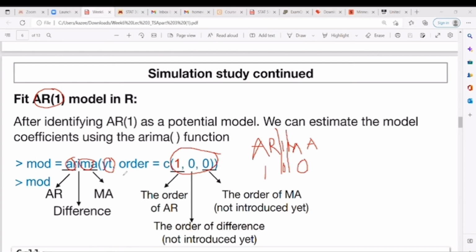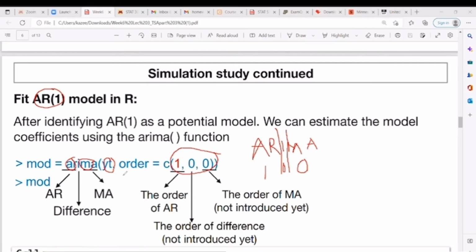If I want to do an AR2, it's going to be ARIMA 2, 0, 0. And if I want to do differencing, what is the essence of differencing? Maybe my data set is not stationary. If it's not stationary, I can do the first differencing, and if it attains stationarity, it means my differencing is going to be 1. I can have ARIMA 1, 1, 0, or I can have ARIMA 2, 1, 0. So there are different forms of that.